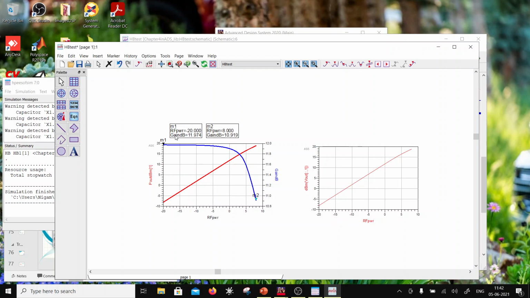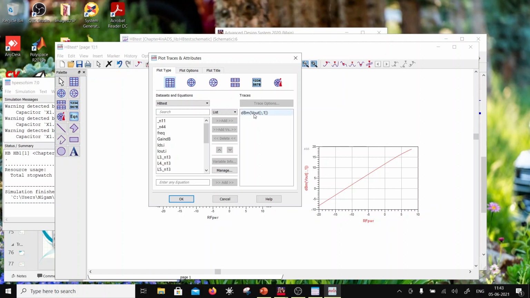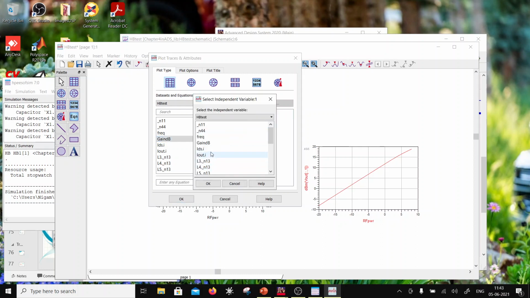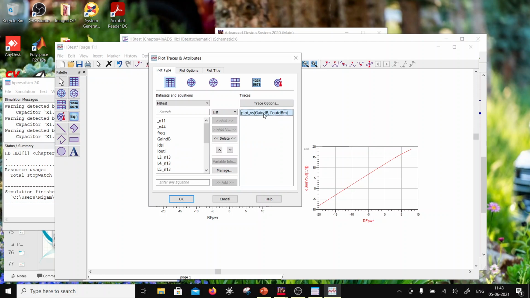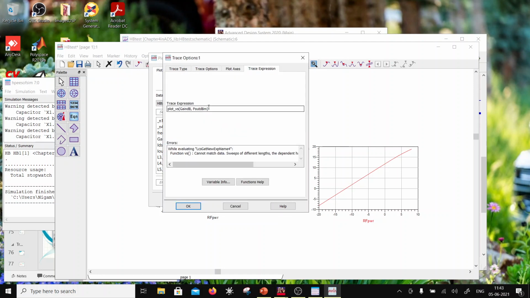So that's basically gain versus input power. And here I can put gain versus output power if I want. So I can put gain versus P out in dBm, and here I have to look at the fundamental.